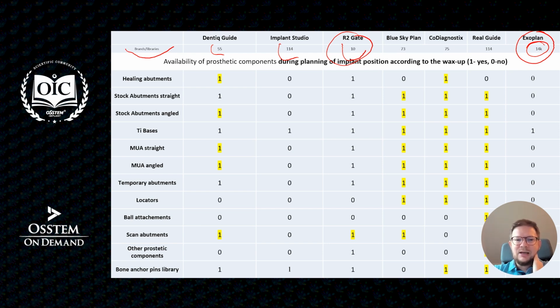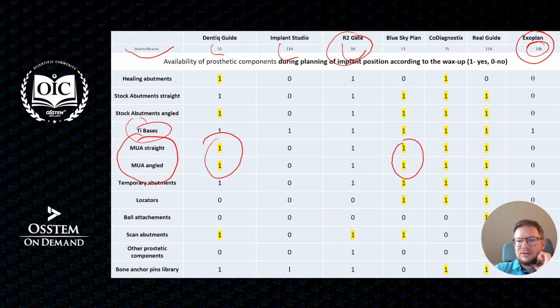And if we go deeper, we will find out that regarding healing abutments, stock abutments, straight or angled T-bases, or especially angled multi-unit abutments, those components could be available, but marked in yellow here is limited to some manufacturers of the implants.